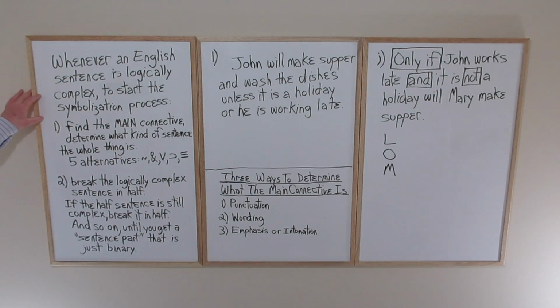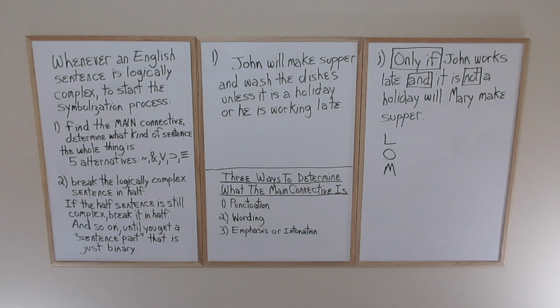Before we begin the symbolization itself, here's the underlying idea. Whenever an English sentence is logically complex, to start the symbolization process, and here I've got two different ways of saying the same thing, find the main connective, that is to say, determine what kind of sentence the whole thing is.